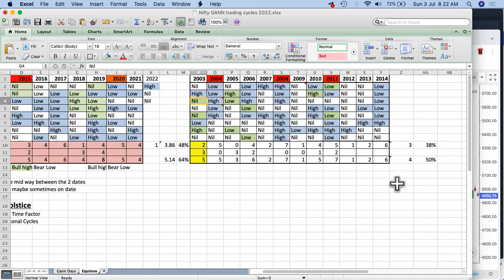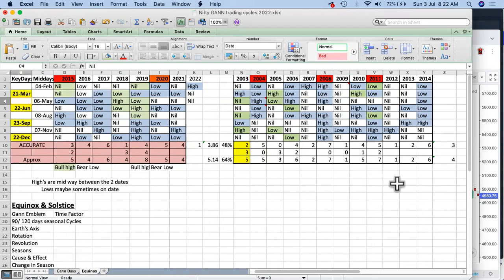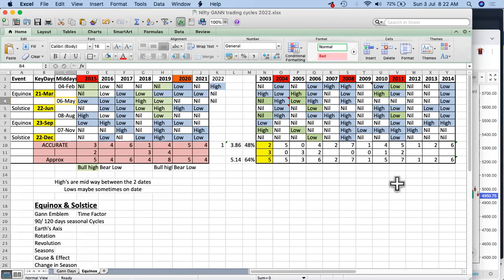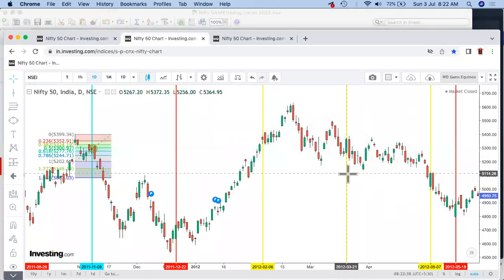So where are we? I'm just trying to identify the date. Yes. We come in 2012 and we are now on 6th of May. So this was 21st of March, no specific date.